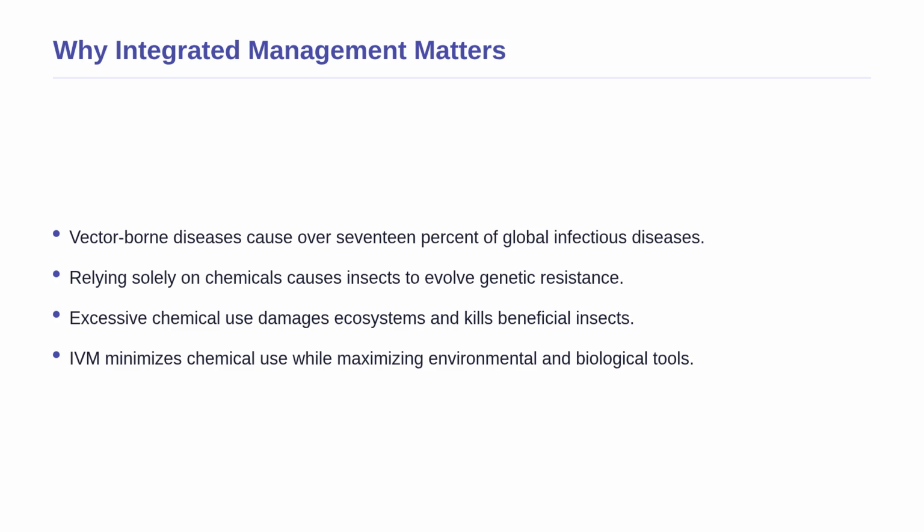Furthermore, excessive chemical use damages local ecosystems, killing beneficial insects like bees and contaminating our water supplies. Integrated management ensures we use the absolute minimum necessary chemicals while maximizing environmental and biological tools, protecting both human lives and our planet.